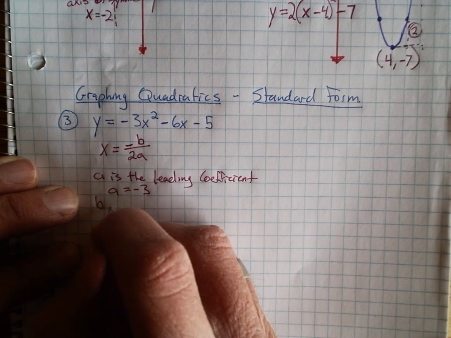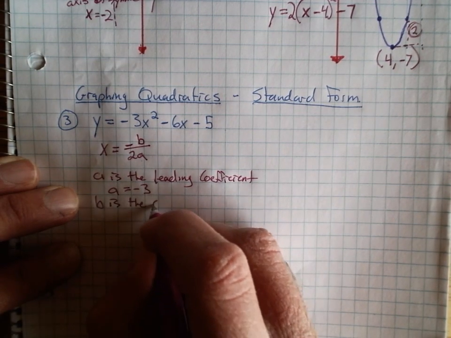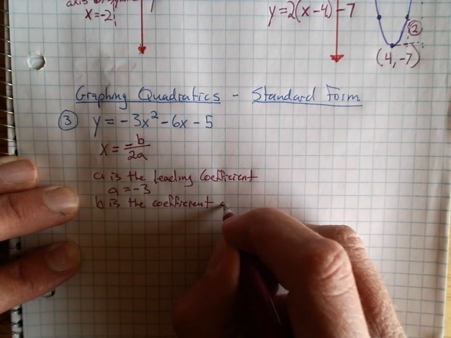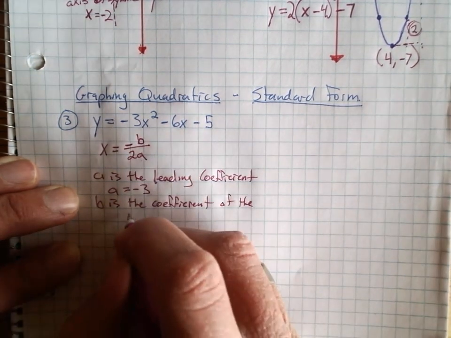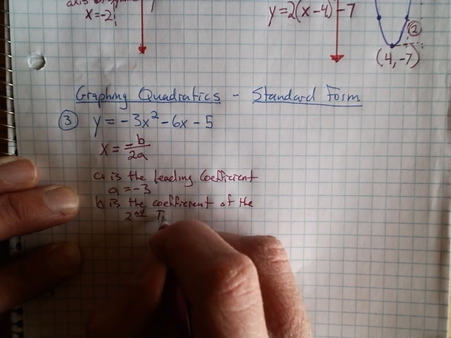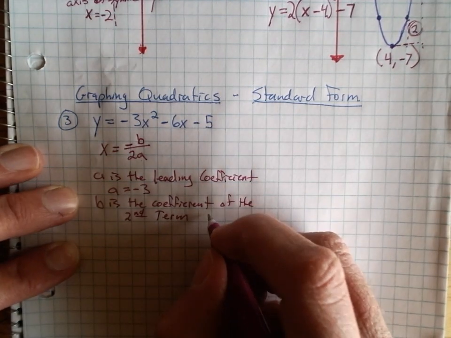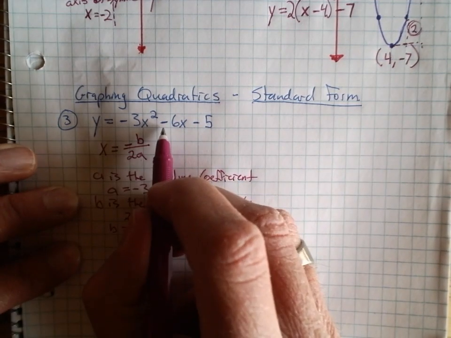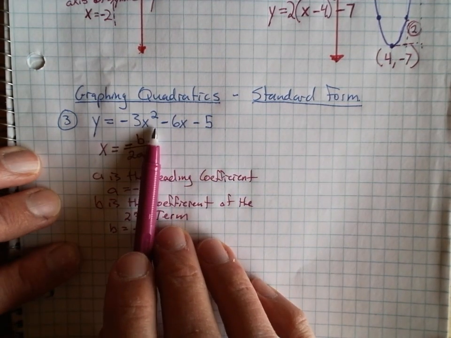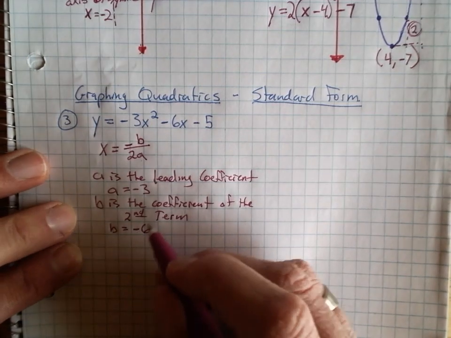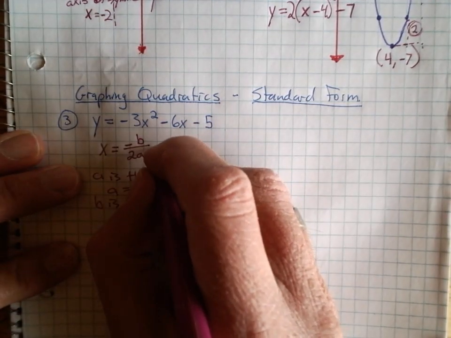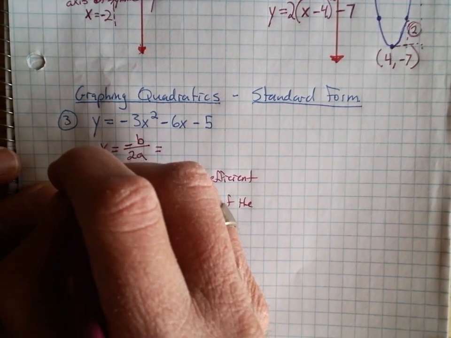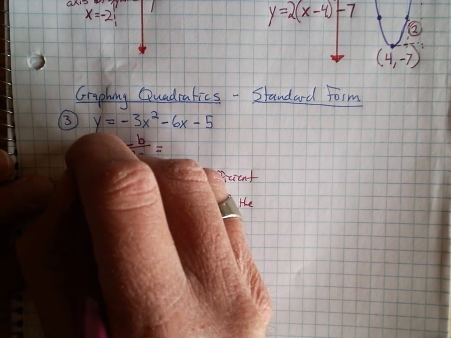And then b is the coefficient of the second term. In this case, b equals -6. Okay? So knowing that, we can plug this in, and this is going to give us the x value of the vertex.